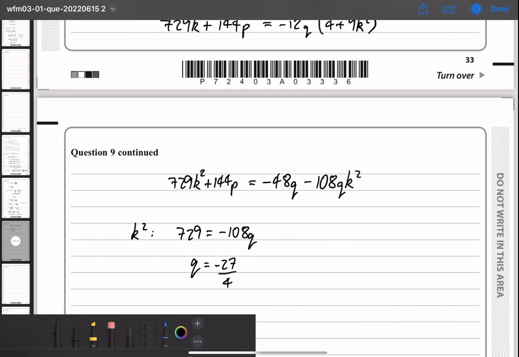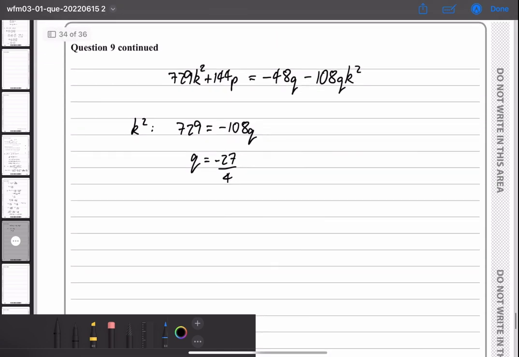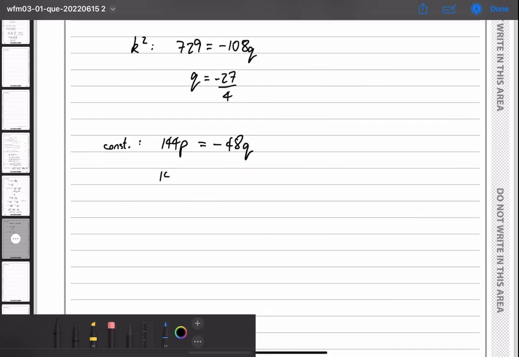And then the constants, we've got 144p must equal minus 48q, but we know what q is now. So we've got 144p, and that gives us 324. Dividing through, that tells us that p is equal to 9 over 4.